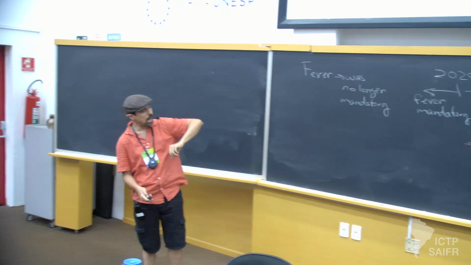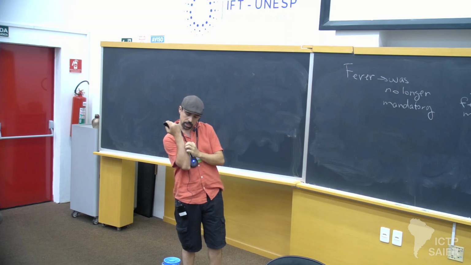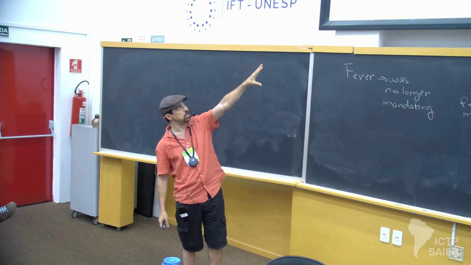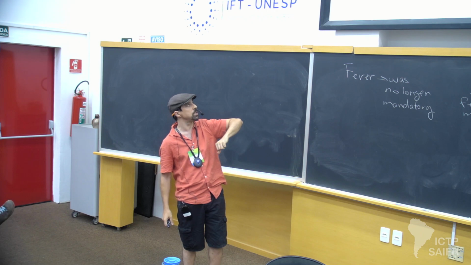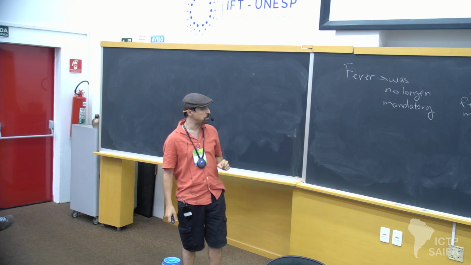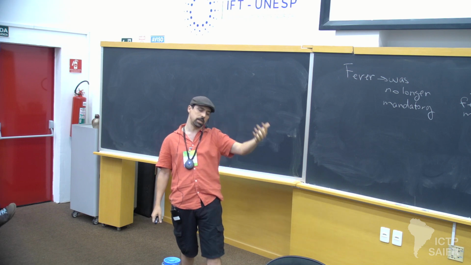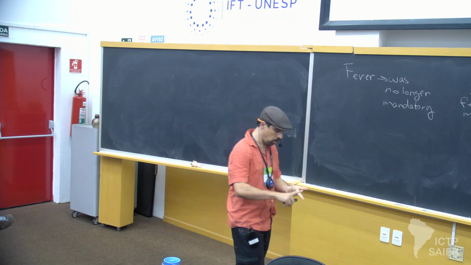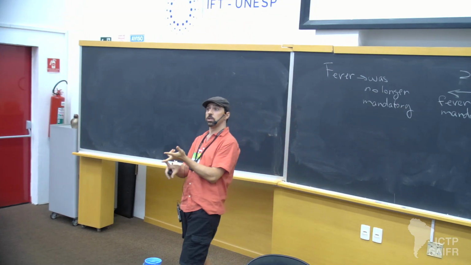So, and luckily for us, in terms of the Brazilian database, there are specific fields in the notification system that specify if the notified case is associated with an individual that was hospitalized, yes or no, and what was the evolution of the case.